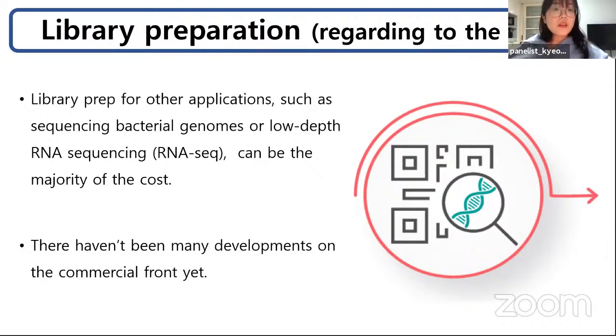But for other applications such as sequencing bacterial genomes or low-depth RNA sequencing, it can account for the majority of the cost. Several groups are working to bring the effective cost down, but there haven't been many developments on the commercial front.